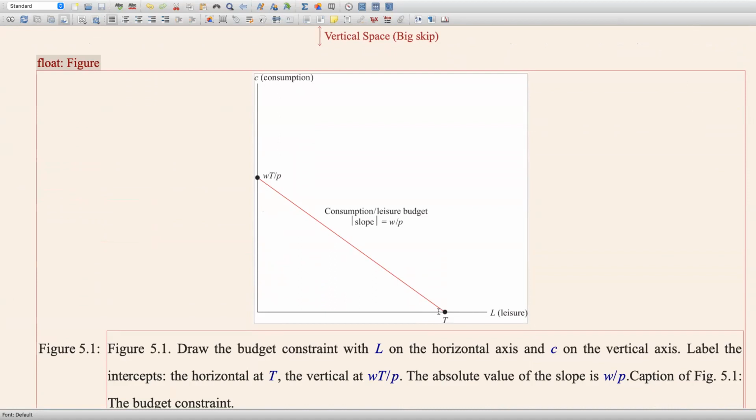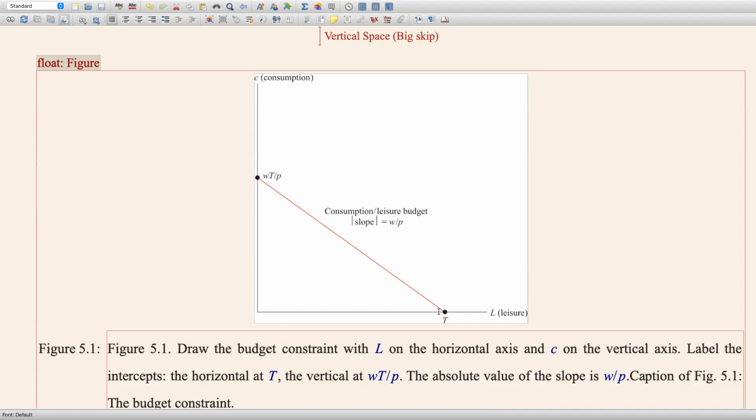Now, if you want to plot this, since the vertical axis is C, if I want to write down the equation of the line that you see there plotted in red, what should I do? First of all, the line is just the thing that happens with equality.